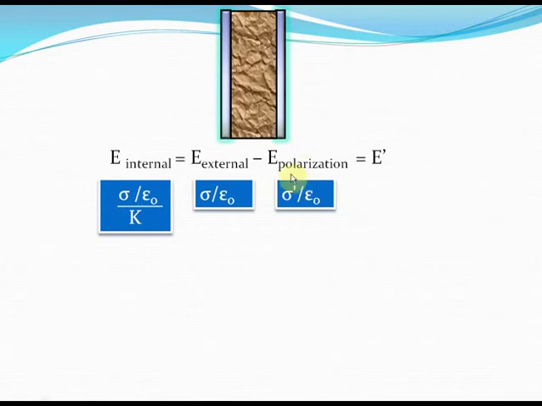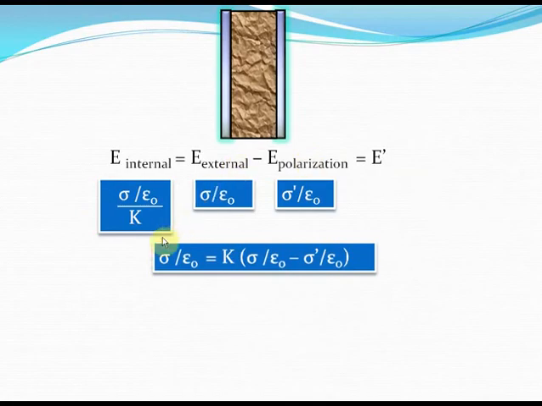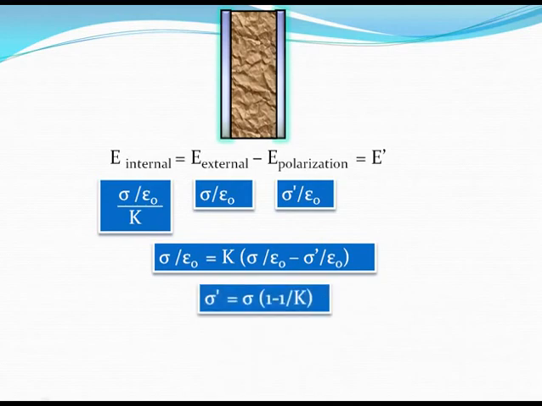Now since sigma dash represents the induced charge density, on simplification we get this expression: sigma by epsilon naught by K is equal to sigma by epsilon naught minus sigma dash by epsilon naught. When we further simplify this expression, we get sigma dash as sigma into 1 minus 1 by K. Now this is a very important expression and you have to remember it.